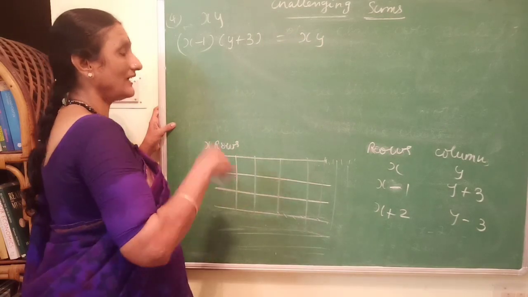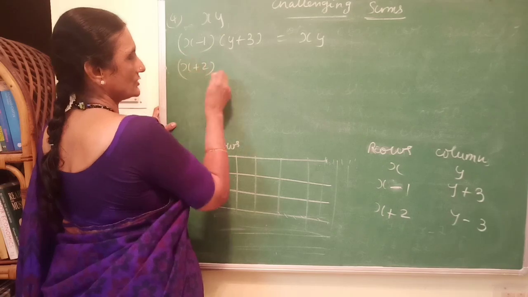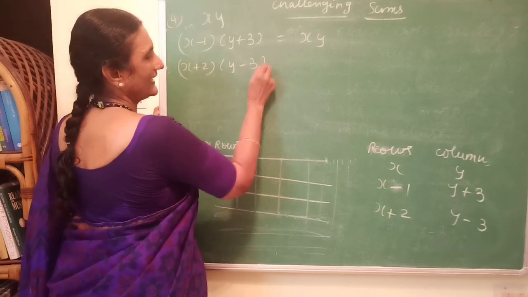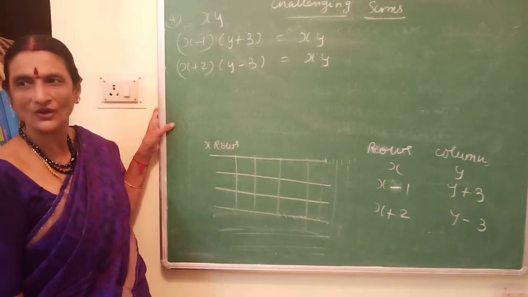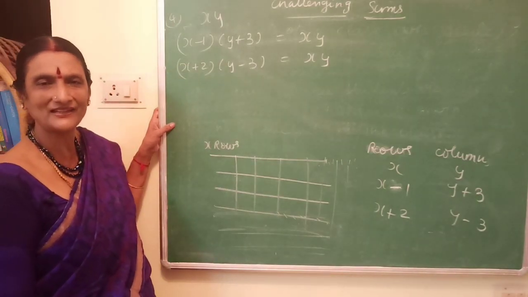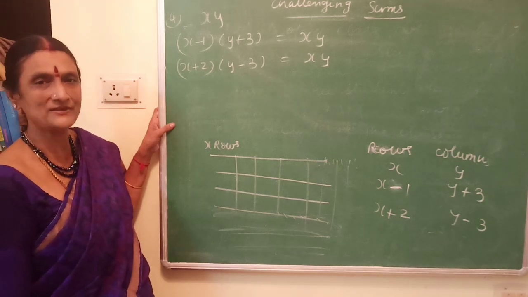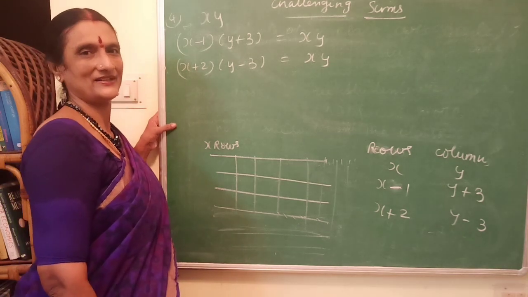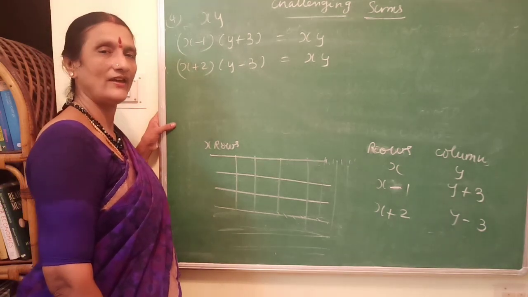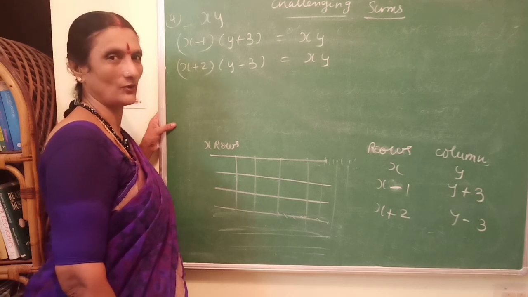Third arrangement also, x plus 2 into y minus 3 is also equal to xy. Just because we are adjusting the rows and columns, it doesn't mean that the children's strength will become more or less. Same children, we are trying out different rows and columns arrangements. This is the important point that you should notice.